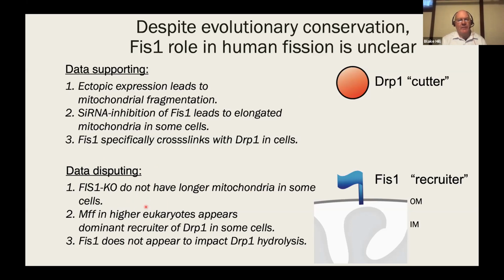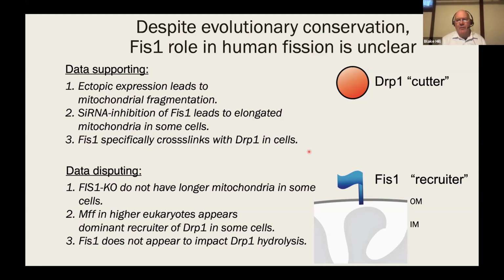And also in many other eukaryotes and mammals, another resident mitochondrial protein, mitochondrial fission factor, or MFF, has been shown to be a dominant recruiter of DRP1 in many cell types. And then in vitro, Fis1 doesn't appear to impact the GTPase activity of DRP1, which is curious if you'd expect it to be regulating its process.